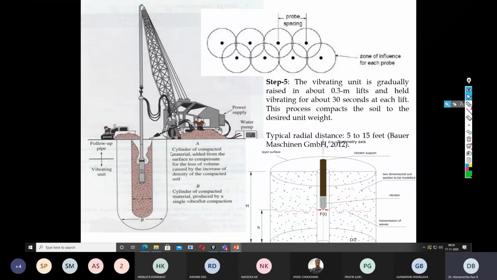But this entire diagram is a cross section diagram. Now since we are going to improve the soil's engineering properties over a larger area, if you look at the plan view, this is how it looks.